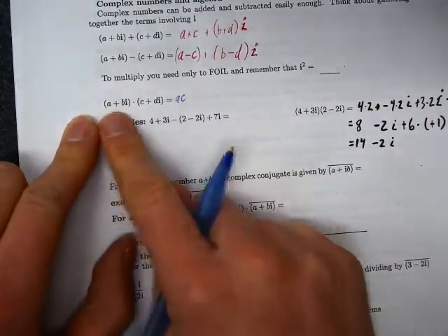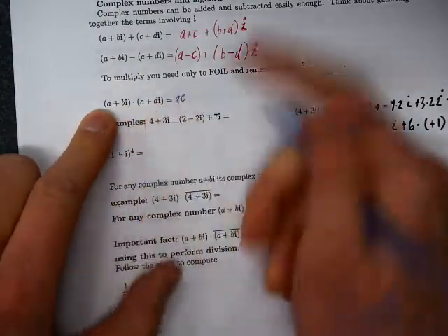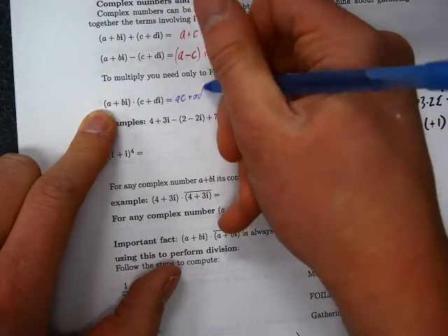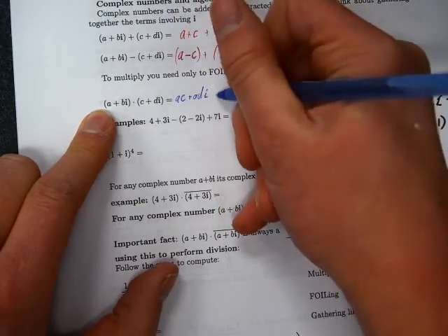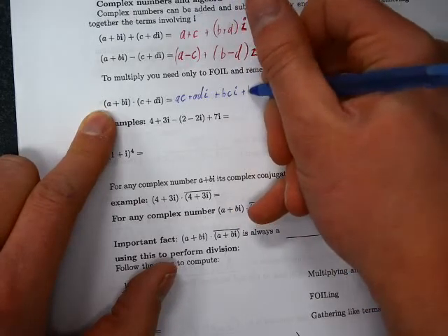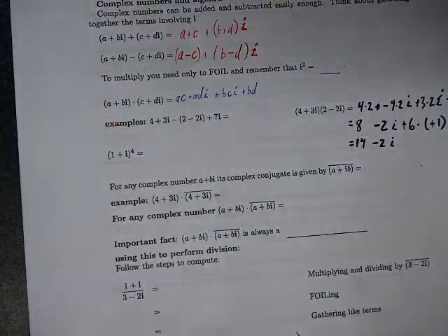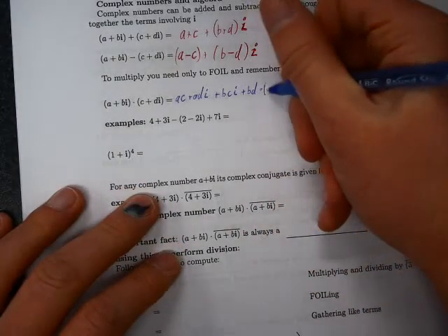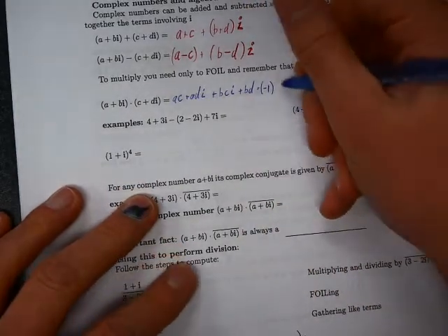Multiplying these two things together, I'll get ac first, outside, plus adi, plus bci, plus bdi squared. And what is i squared? So it'll be b times d times negative 1, so it'll be minus bd.